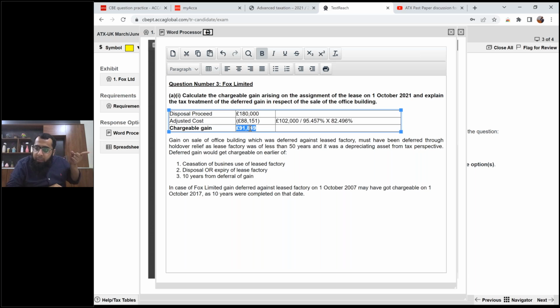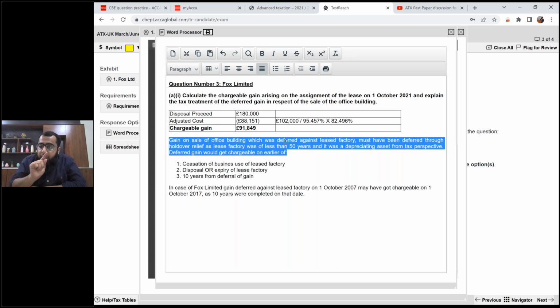Now let's talk about the deferred gain. The gain of the building was deferred against this factory, the factory which you have sold. Since that gain was deferred through holdover relief, that gain, not the lease gain, is of the office building.